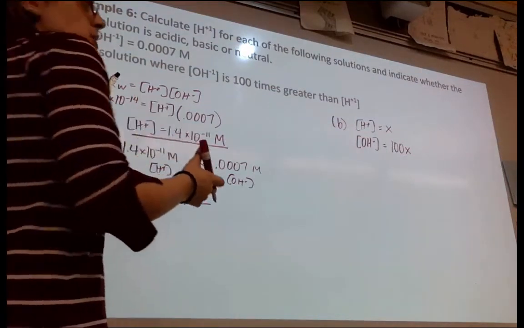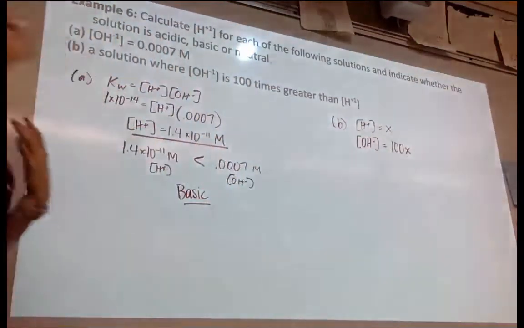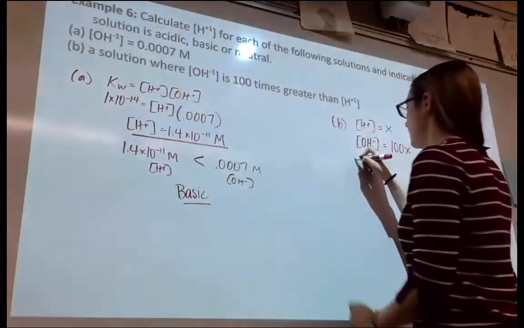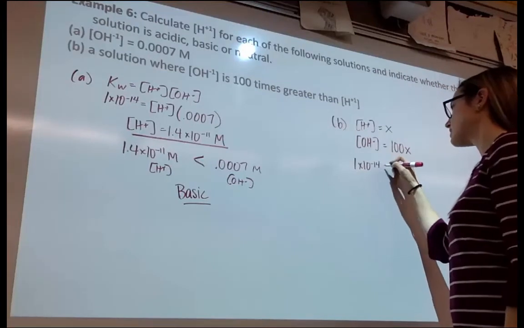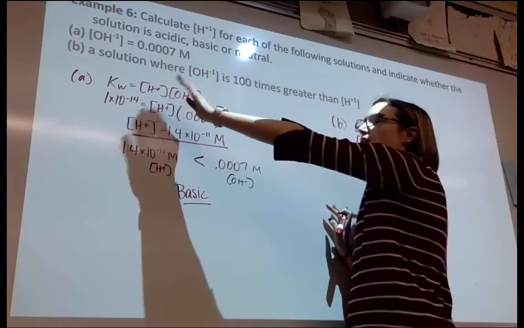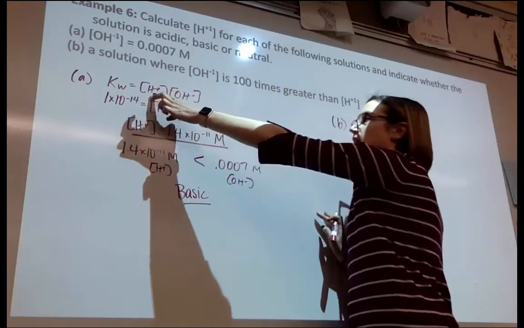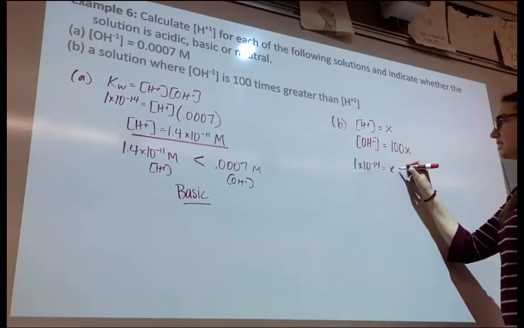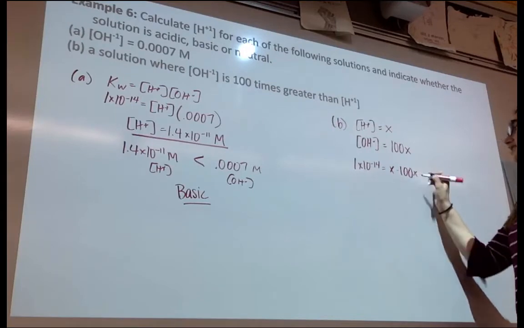It's always based on KW, and because we're assuming 25 degrees Celsius unless they tell us otherwise, we're going to use 1 times 10 to the negative 14th is H plus times OH minus. H plus is X, OH minus is 100X.